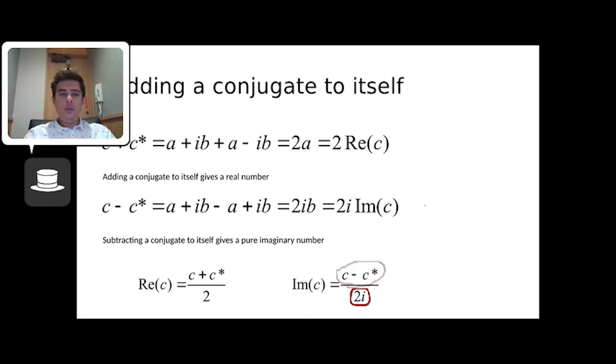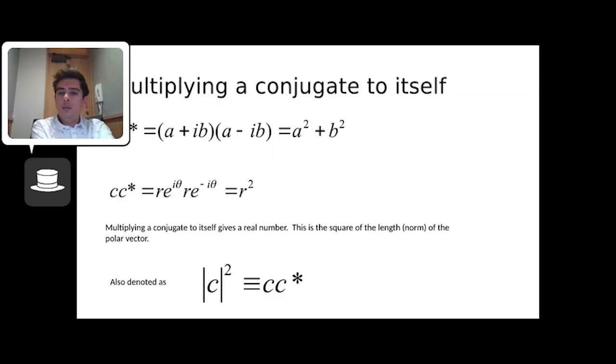Another way, which we'll also encounter, is multiplying a complex number by its conjugate. Say we multiply C and C star. Firstly, of course, a plus ib, that's the original complex number, then a minus ib.